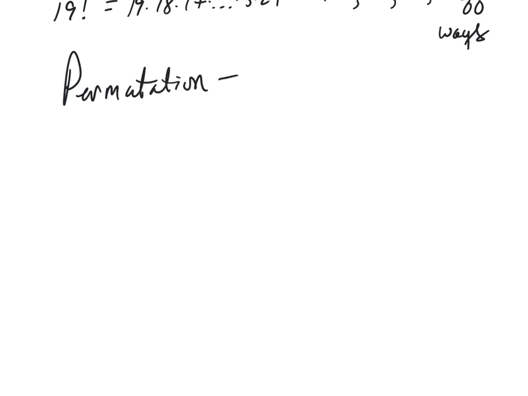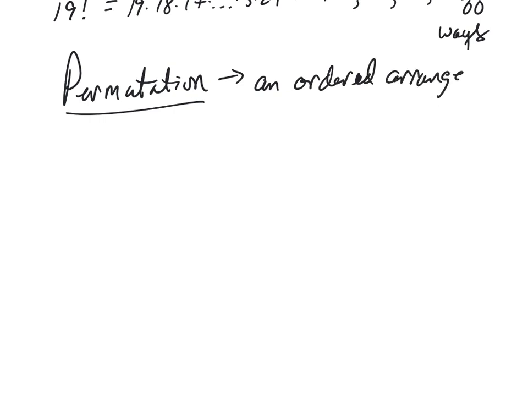I need just a real short definition so that you have something to compare to later. A permutation is an ordered arrangement. And the important word is ordered. When we get to our next definition, we'll talk about things that are not ordered. But a permutation is ordered.